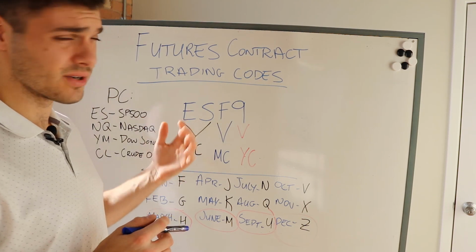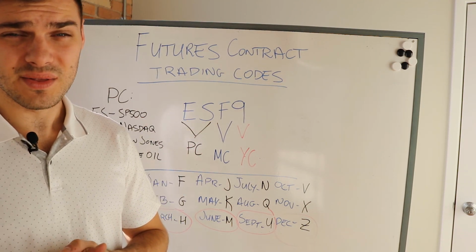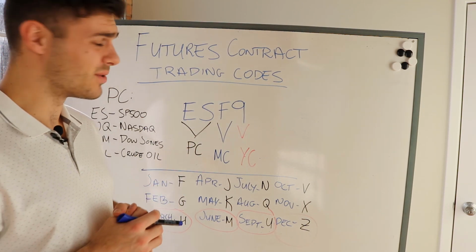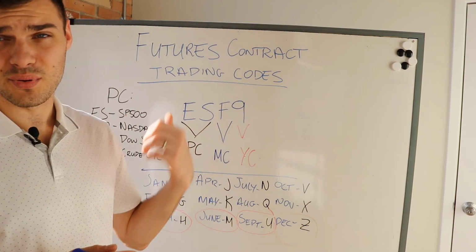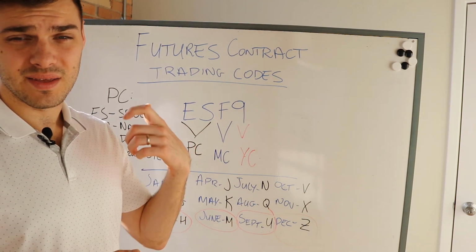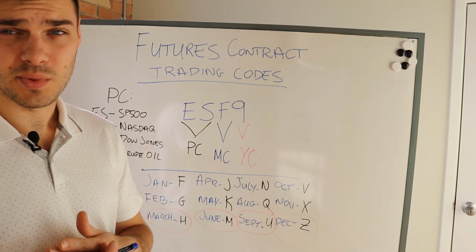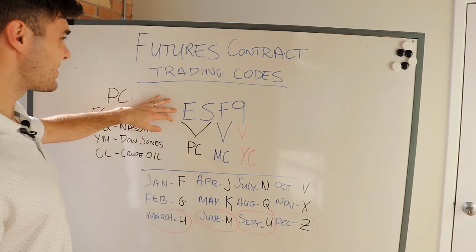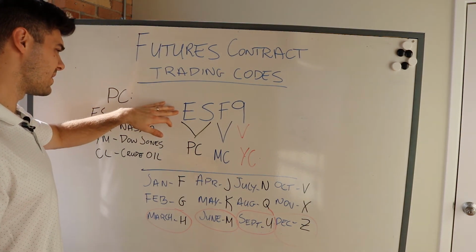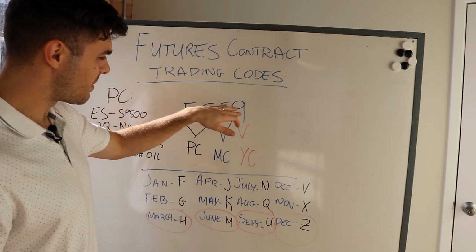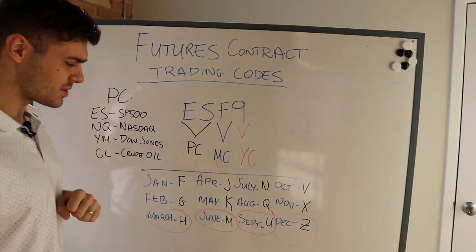So what is a contract display code? Well, these are typically 1 to 3 letter codes that identify the product, followed by the month of expiration, and followed by the year of expiration. So what you see right here is an actual futures contract trading code, and I've broken this down by those 3 parts that I just mentioned.